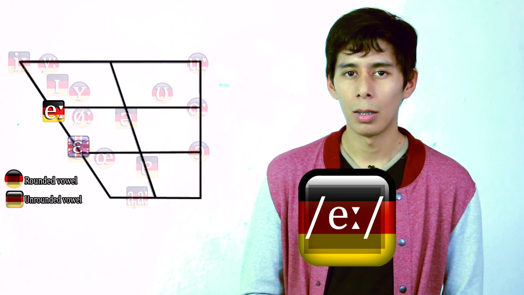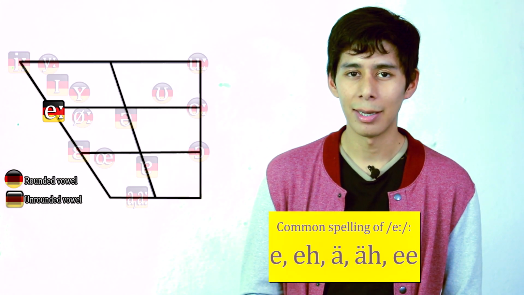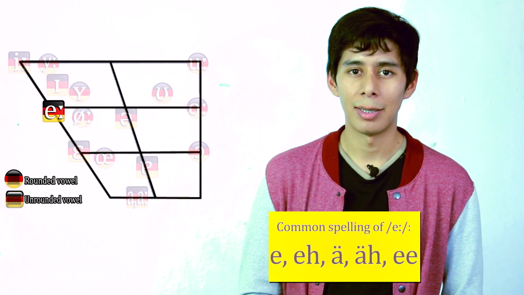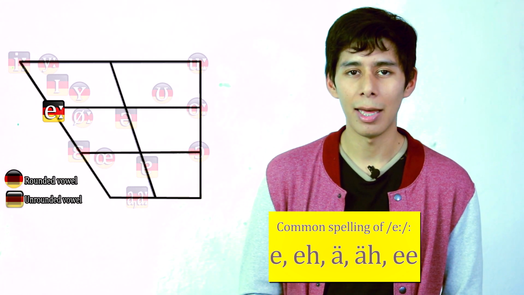This sound normally appears in open and stressed syllables. We find it represented by the letter e, by the letter a umlaut, and by a combination like eh.